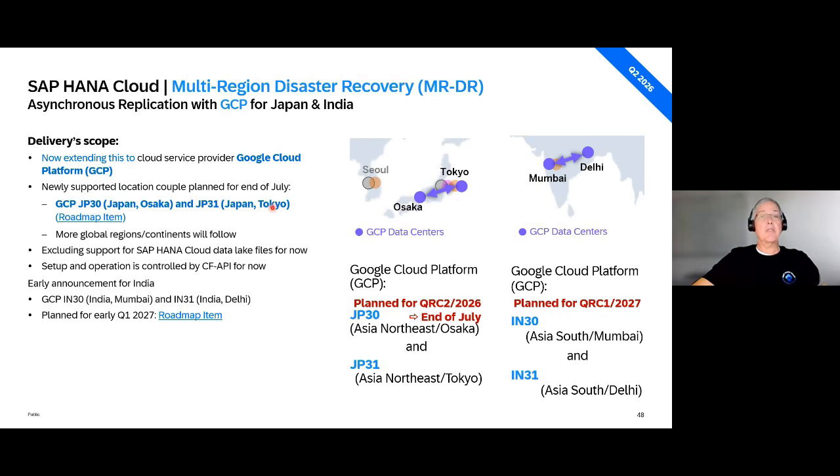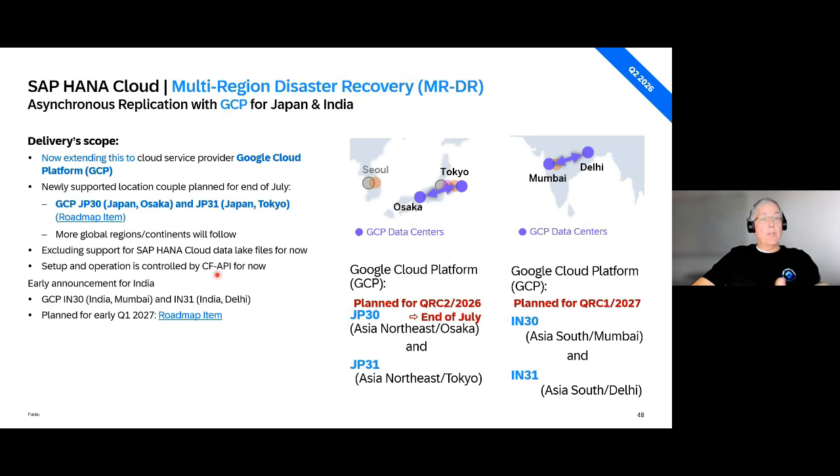Actually, customers in Japan were the first ones years before to ask for this kind of long-distance disaster recovery. And of course, we can understand with all the disasters they often have with tsunamis that they ask for these kind of possibilities. More regions to come. We are preparing that, and we are still excluding the data lake files support, and the setup is still to be done with the API.